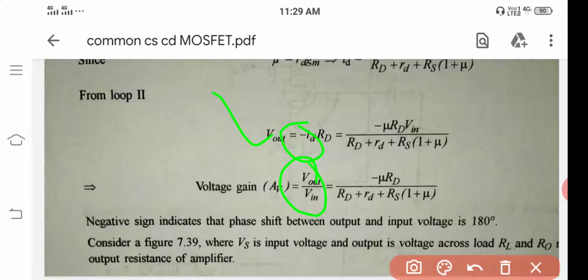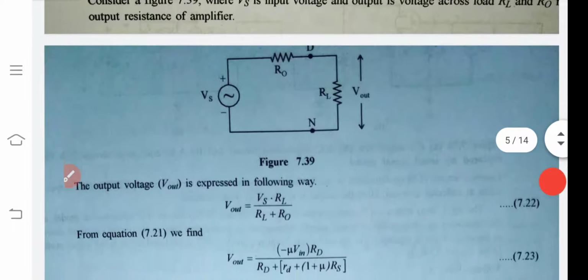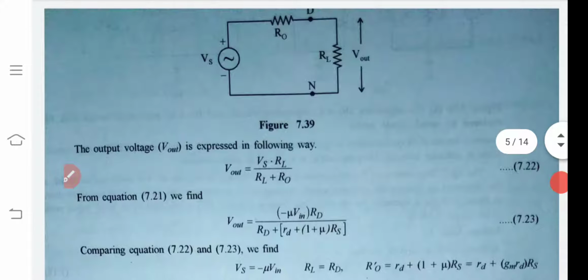So we calculate Vout upon Vin equals minus mu RD upon RD plus rd plus RS into (1 plus mu), the voltage gain of the common source amplifier. The negative sign shows the phase shift between input and output. This is the final equation.